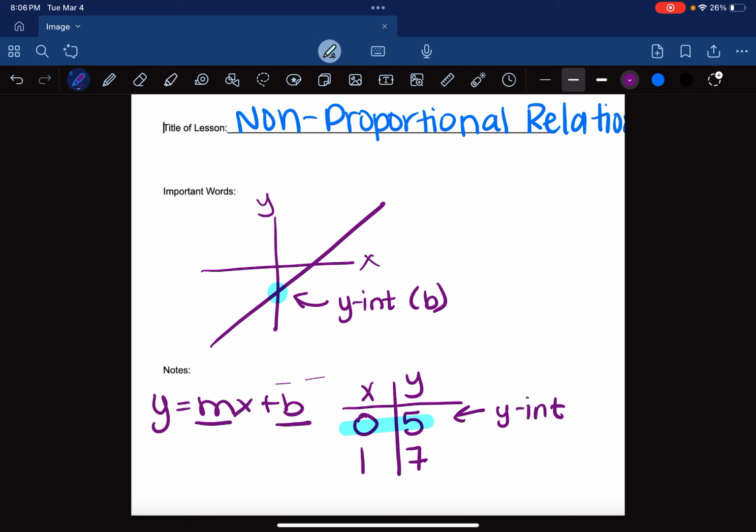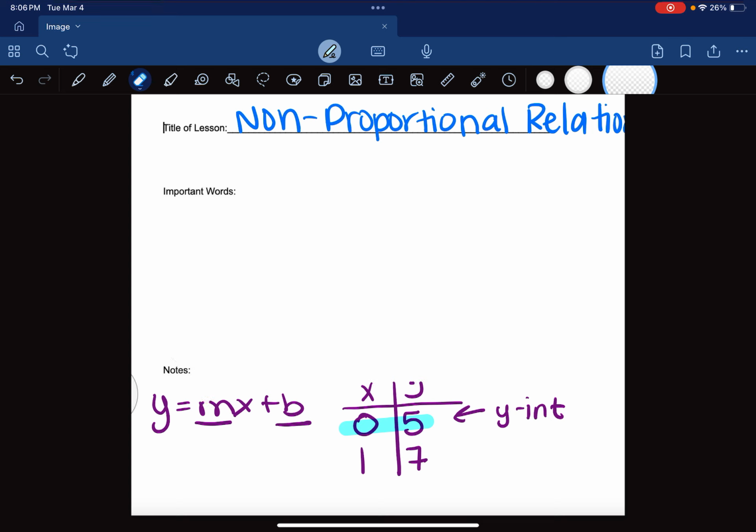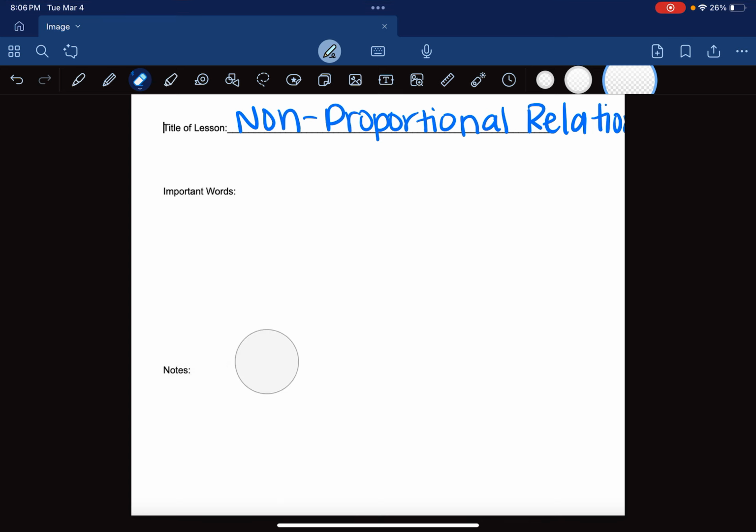Okay, and then sometimes you're going to have to distinguish a non-proportional relationship from a word problem. And the way that you can do that is basically by seeing if the word problem contains two different numbers.